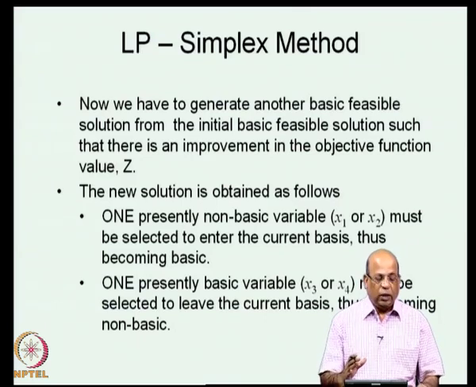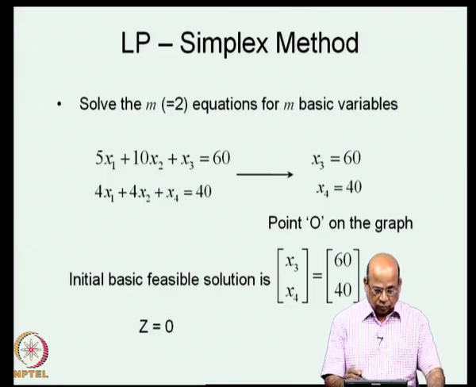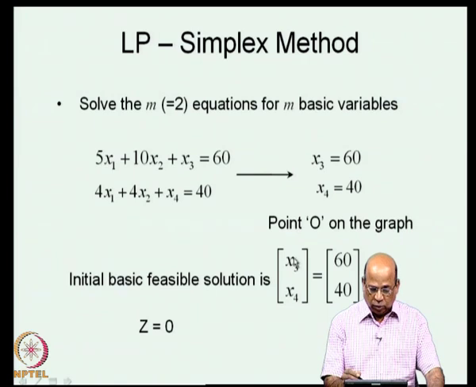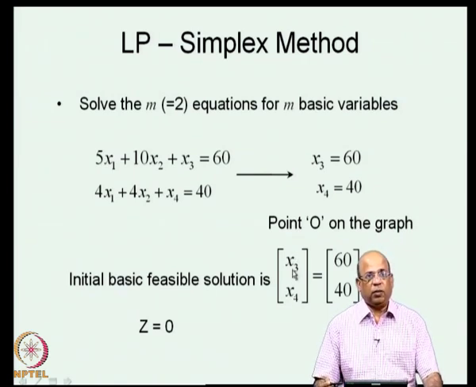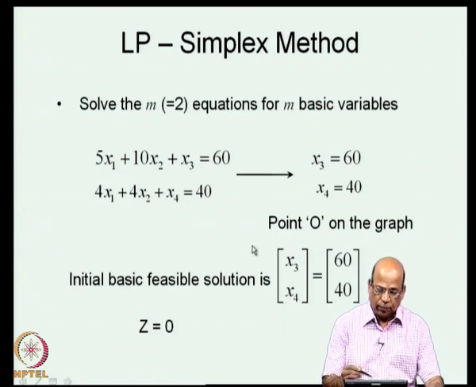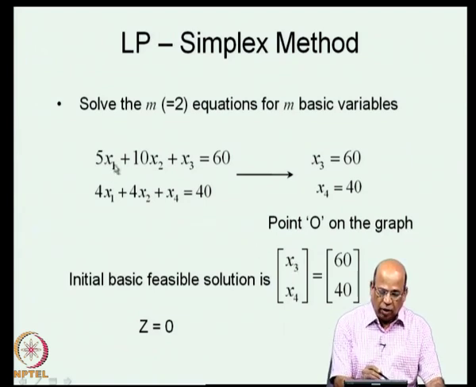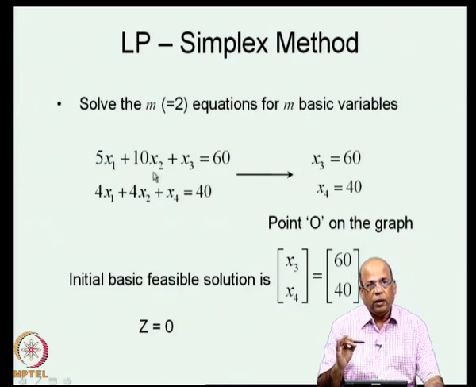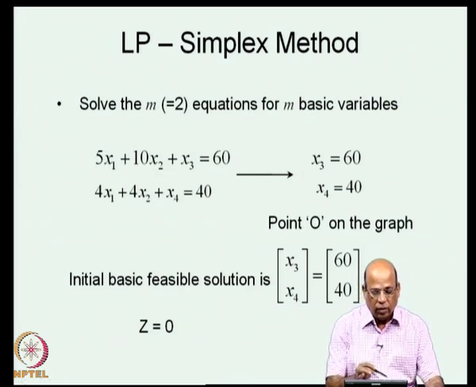We need to look at this basis now. This basis has two variables, which is m number of variables. Out of these m variables, in the next iteration or the next step, exactly one of these, either x3 or x4, goes out, and exactly one of these x1 and x2, which are currently non-basic variables, comes in.